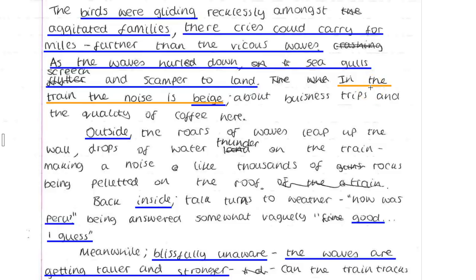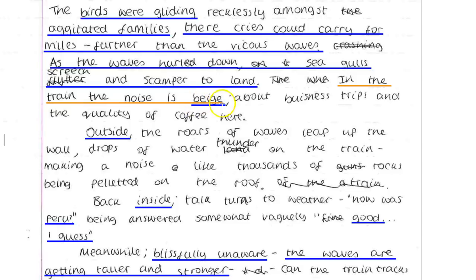And we have this beautiful phrase, in the train, the noise is beige. And that is a contrast where the writer has used 2 different senses, and we're expecting a word that describes noise, but instead we've got a word that describes colour from the sense of sight.